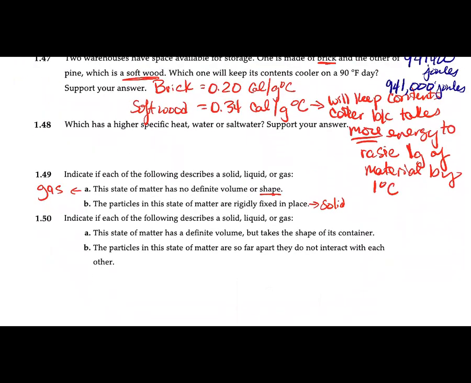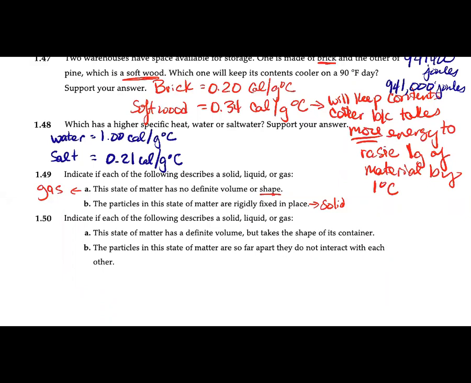All right, 1.48, which has a higher specific heat, water or salt water? So if you go look in your textbook, they have a table. And in that table, you'll see that water has a specific heat of 1.00 calories per gram degrees Celsius, whereas salt has a specific heat of 0.21 calories per gram degrees Celsius.